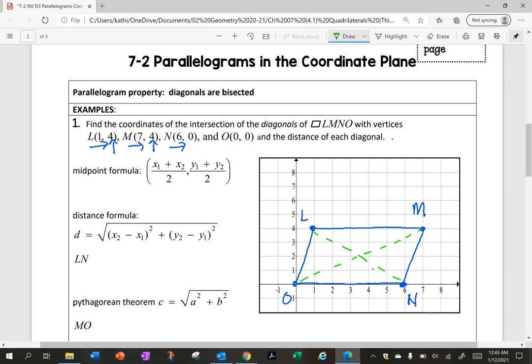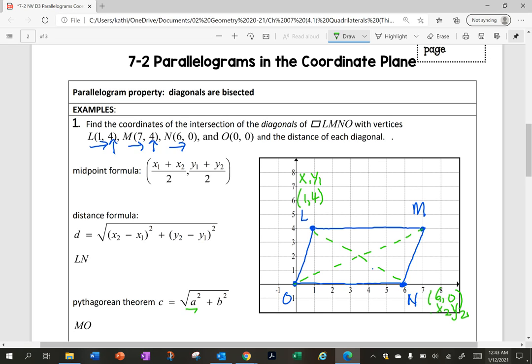To start out, I'm going to find the distance of diagonal LN. L is at the coordinates 1, 4, and N is at the coordinates 6, 0. I'm going to call this x1, y1, x2, y2.